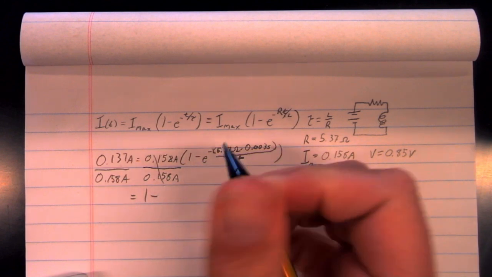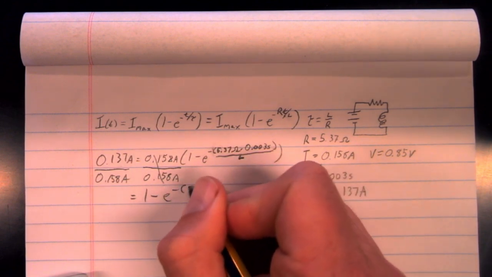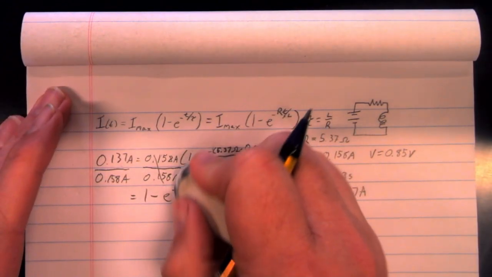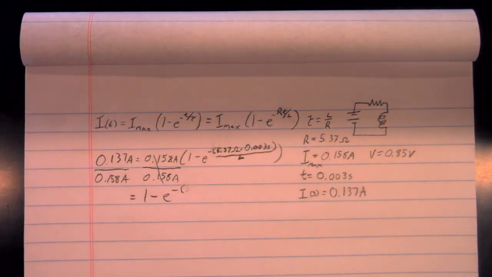So we'll have 1 minus e to the negative. I'll go ahead and multiply that while we're doing stuff here, make this a little bit simpler. So let me bring up our handy calculator again.